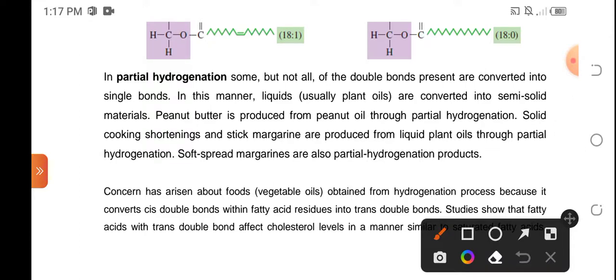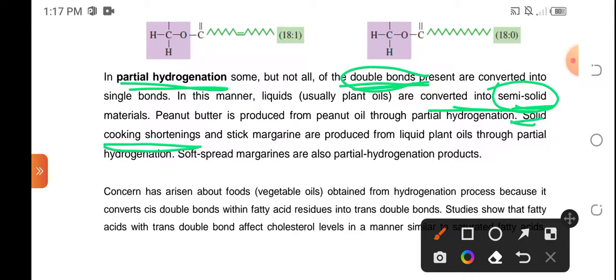So, once some of the double bond is not converted into single bond at nag-retain siya na double bond siya, they are going to produce or be converted into a semi-solid material. So, this process or this partial hydrogenation is actually used for the solid cooking shortenings, stick margarine.